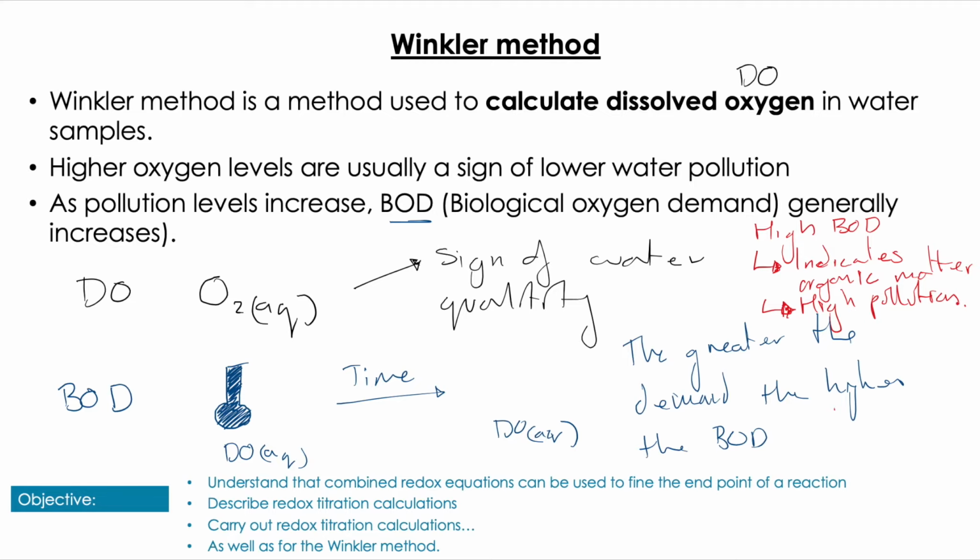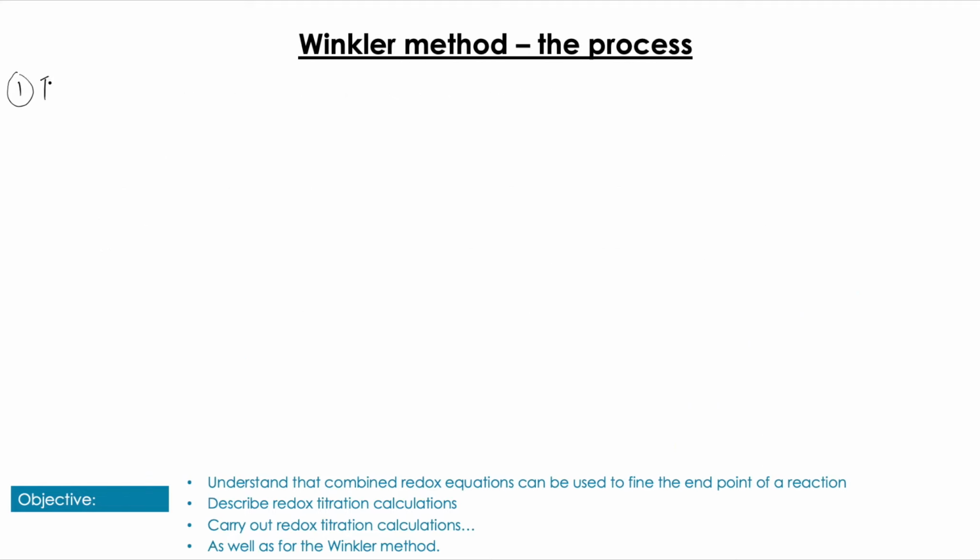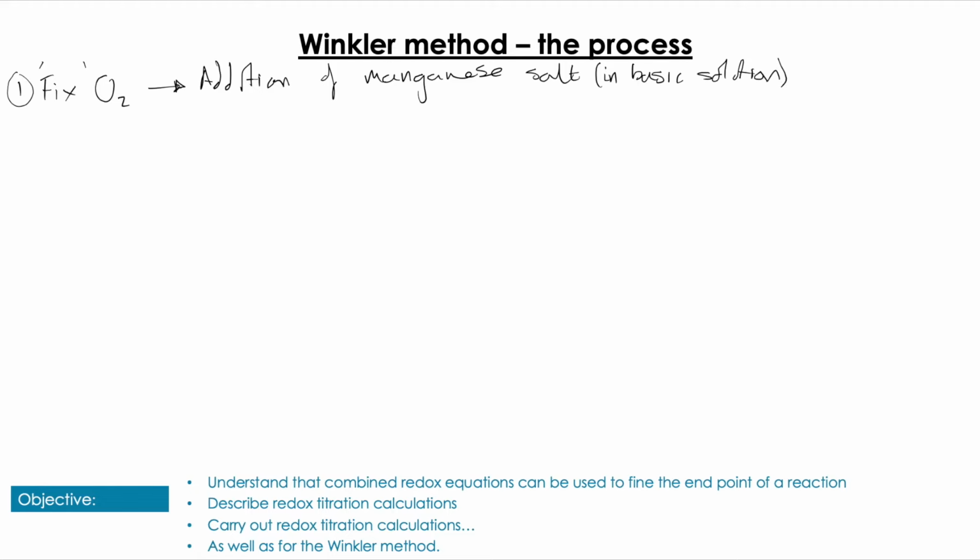So let's go through the Winkler method process. Now, you do not have to remember this process off by heart, but you do need to know the relationship that the reactions show. So the first step that we need to do is we need to fix oxygen. Okay, oxygen is not going to react in a redox equation by itself. So we're going to add a manganese salt in a basic solution.